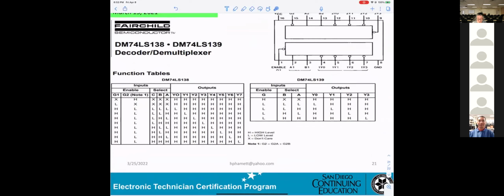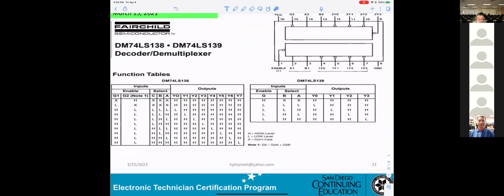Okay, so what I want you to do is try to look over the code 139. You get two ICs, 138 and 139.